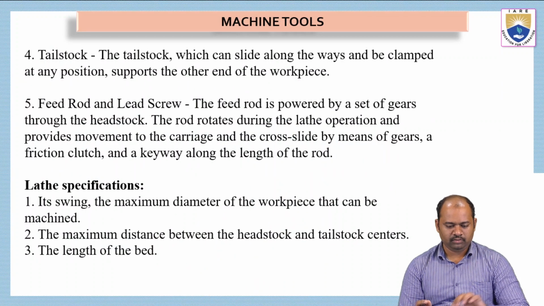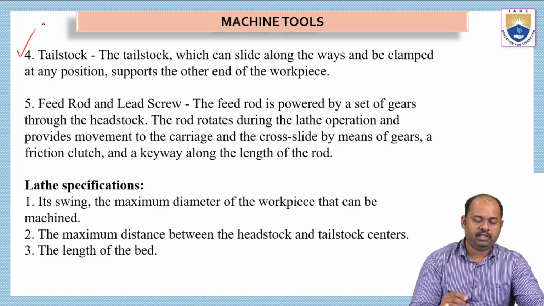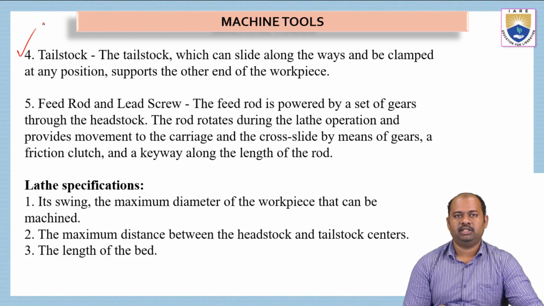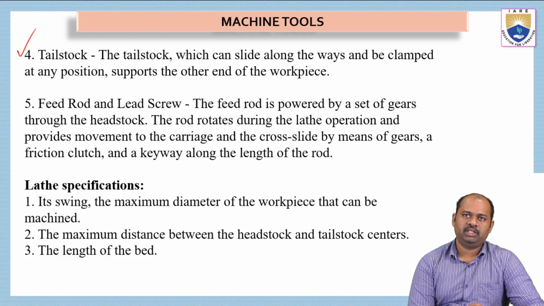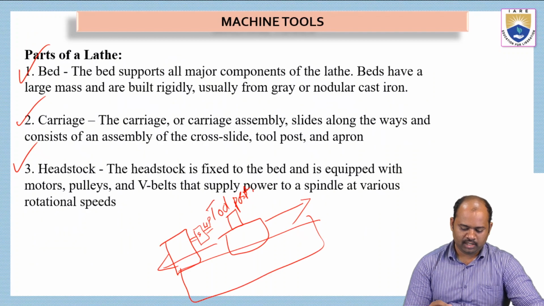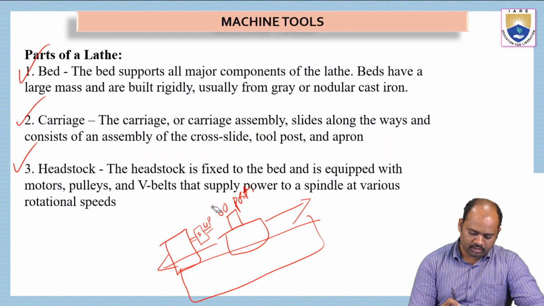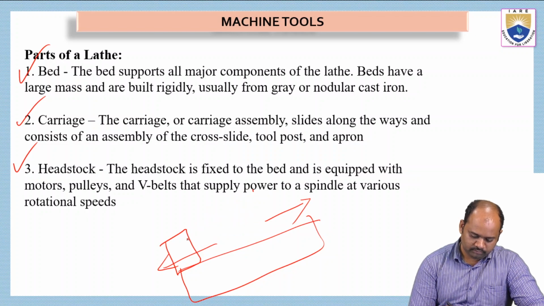Okay, now another part is the tailstock. What is the function of this tailstock? The tailstock, which can slide along the ways and be clamped at any position, supports the other end of the workpiece. Suppose in this figure I have drawn a workpiece which is attached to the spindle.